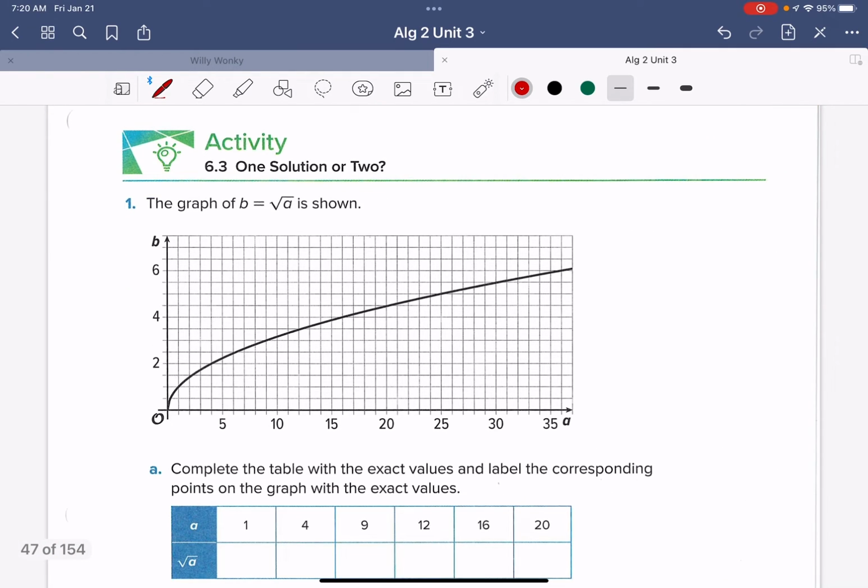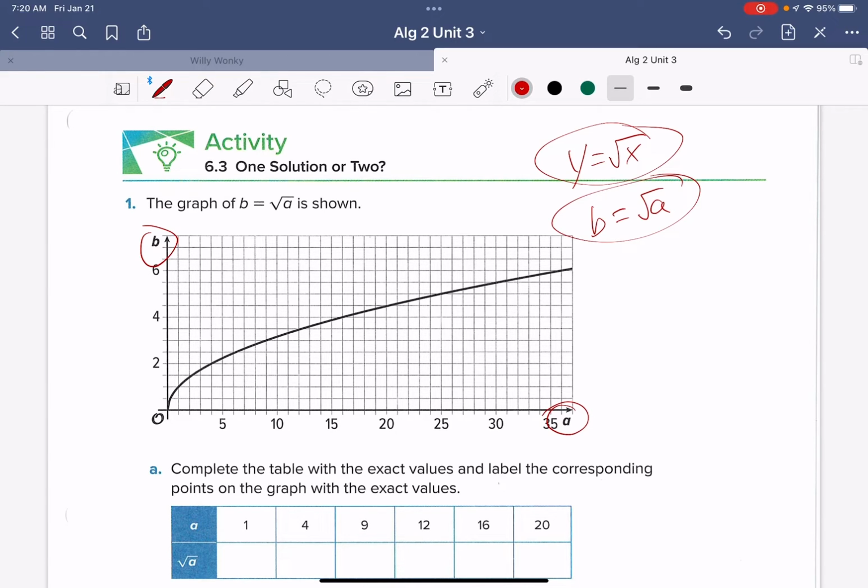This is a graph not of y equals x squared, it's the inverse of it. It's the y is equal to the square root of x, except they say b is equal to the square root of a. So that's what they're graphing here. So notice it's the a axis and the b axis. So if you take the square root of a number, then you get just one solution.